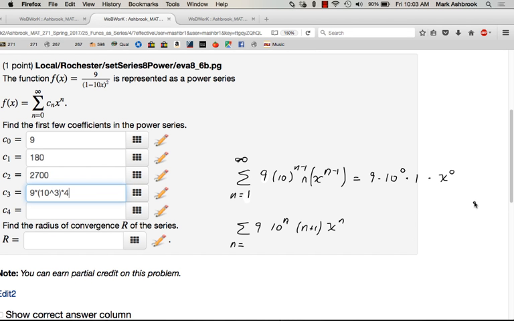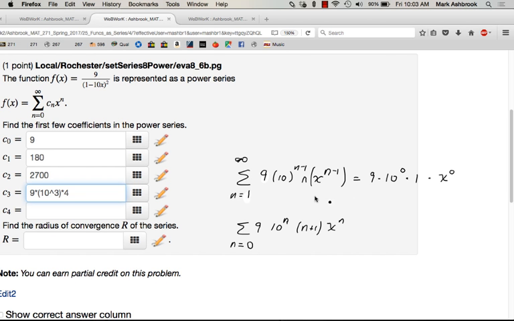So 9 times 10 to the 0, that's the first term when n equals 1. Now if I want to write these all in terms of n plus 1, x to the n, 10 to the n, what does my first value of n have to be so that this is my first term? It has to be 0, right?